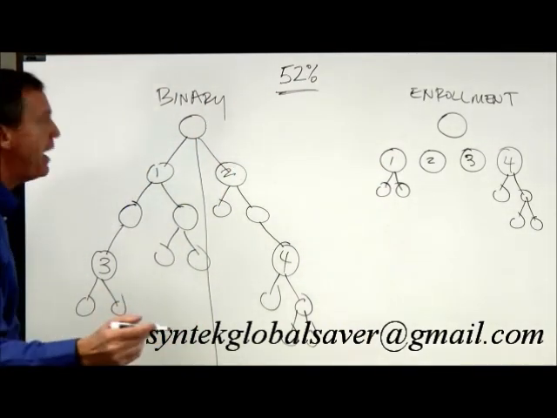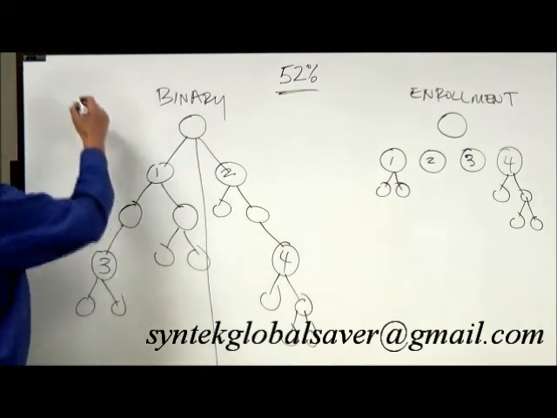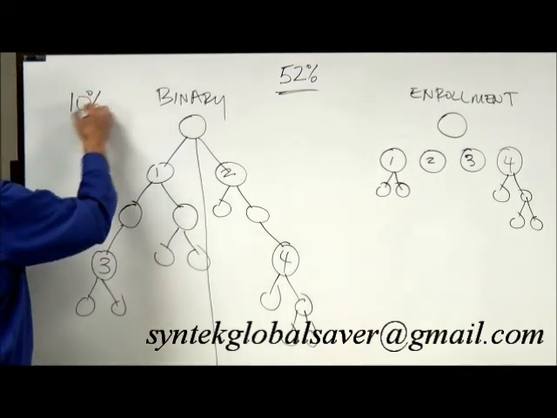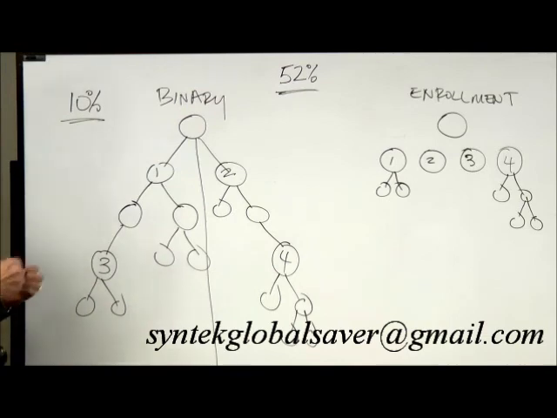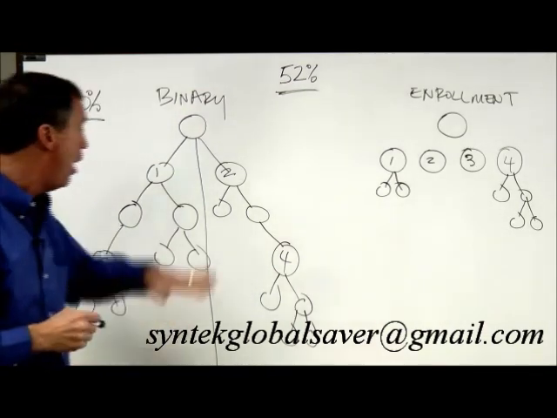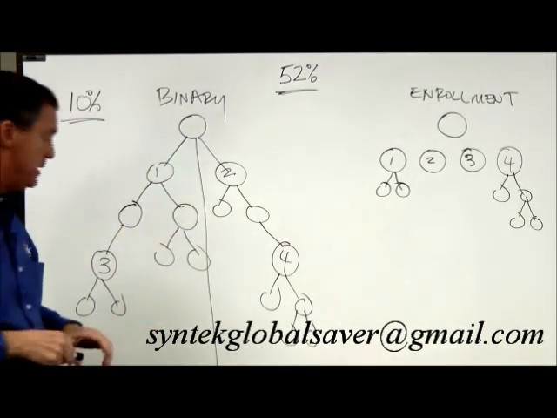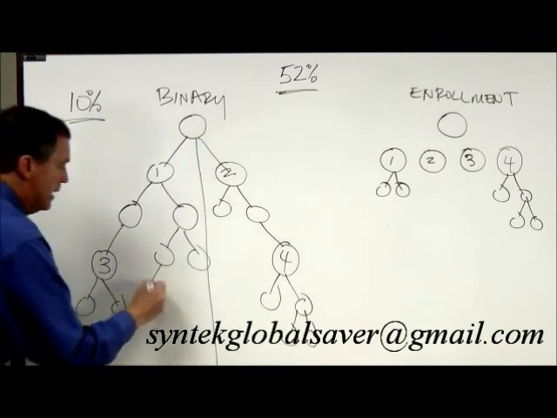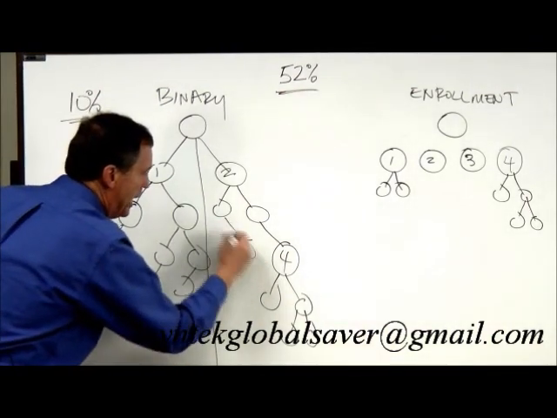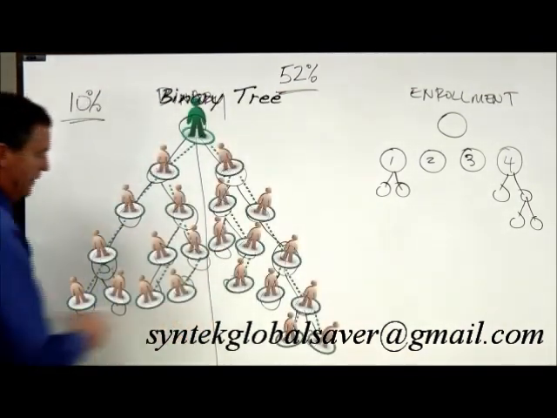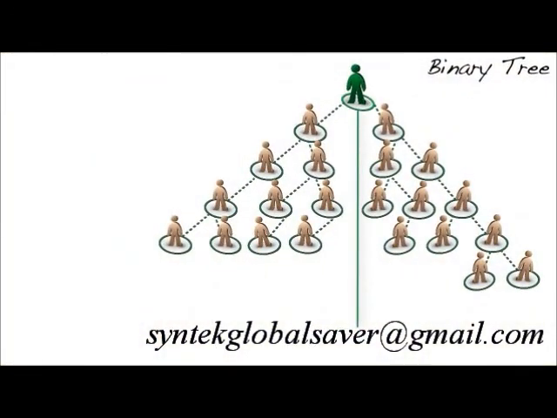The first thing we're going to pay in the commission structure is 10% of the weaker leg. We're going to pay 10% of the volume of the weaker leg. Now let me give you an example. Let's say after these have expanded out here, this leg over here does $10,000 worth of volume in a given month, and this leg over here does $12,000 worth of volume in a month.